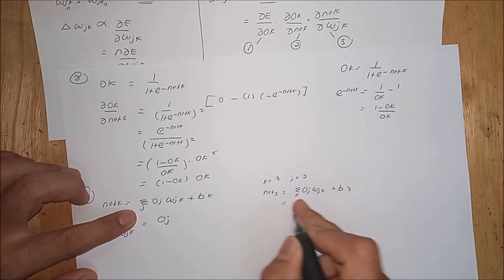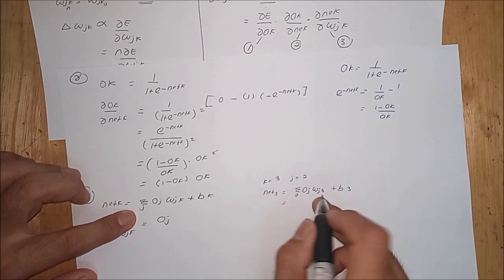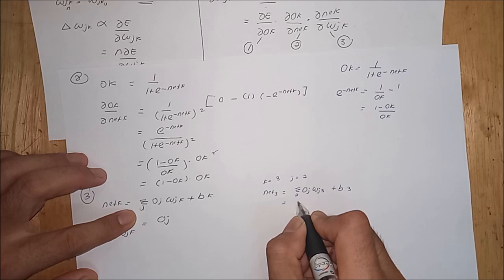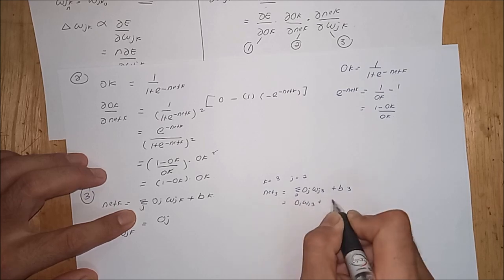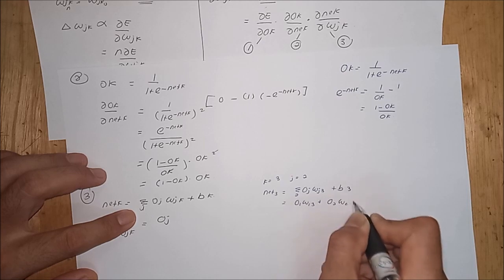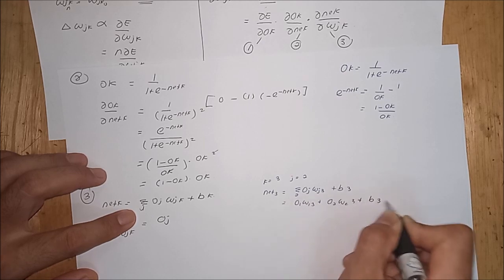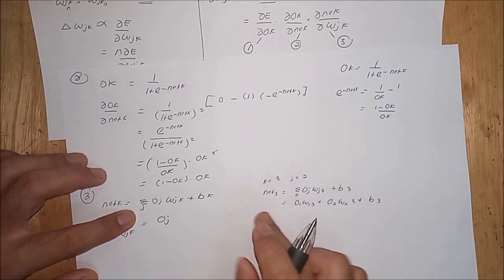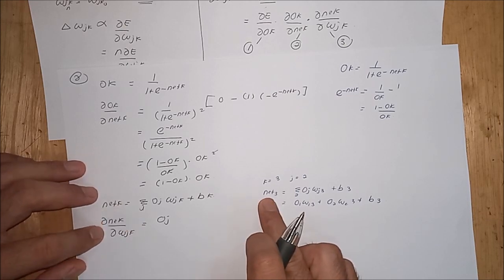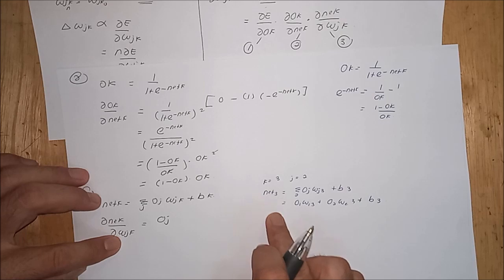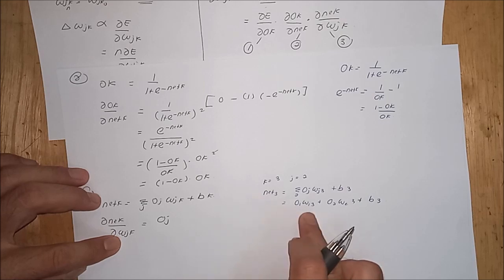If we expand this equation from 1 to 2, it will become o1 w13 plus o2 w23 plus b3. So if you are interested in d net 3 over dw13, you are left with o1.